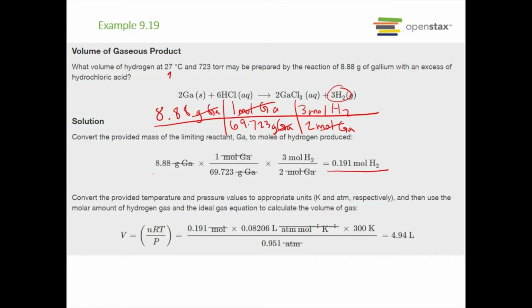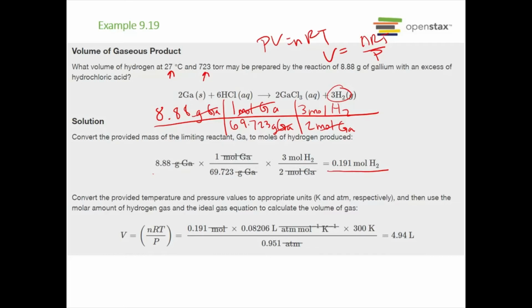Now I have my moles of hydrogen. I know my temperature, just got to make it Kelvin. I know my pressure, got to make it atm. And I want my volume. So PV equals nRT. Our volume is equal to nRT over P. I know my n, I know R, I know T, I know P. We can solve this.